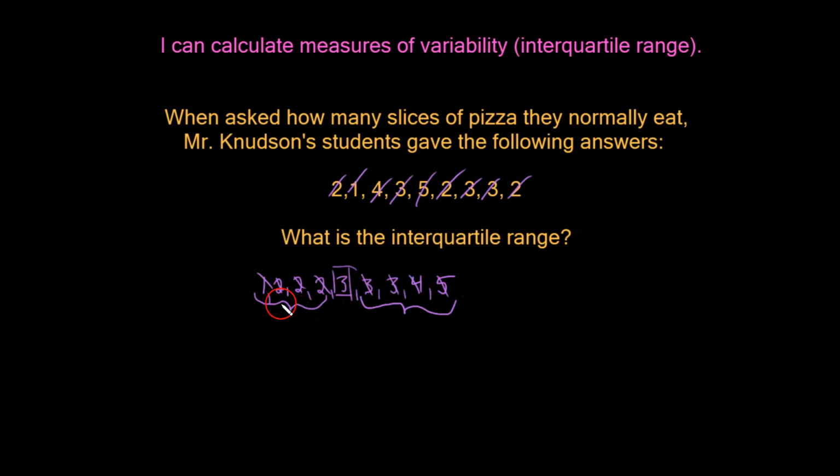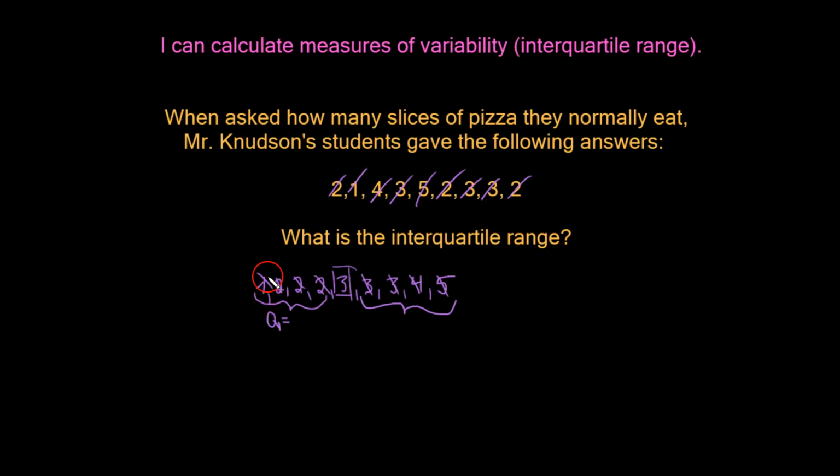Now that we have it broken up into a lower half and an upper half, we're going to look for our Q1, which is our lower quartile or first quartile. Q1 is the median of the lower half of the data set.